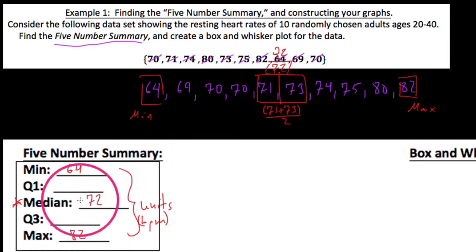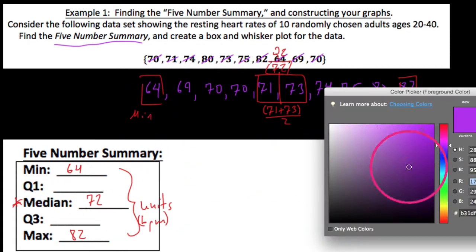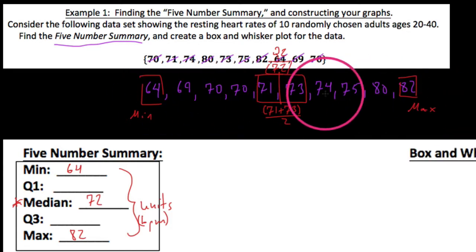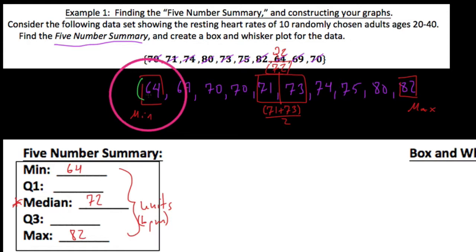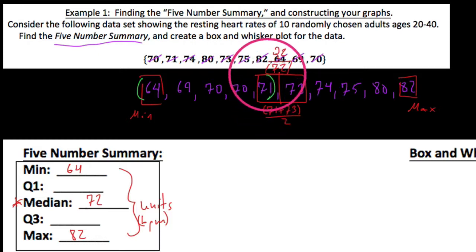Now in terms of finding Q1 and Q3, here's what we're going to do. I'm going to switch colors here to like a green. We're going to be looking at our first half of data and our second half of data, okay? And we're going to be splitting those in half. So here's the rule. I hope you're listening. We're going to put parentheses around the first half of our data, and the rule is this. You start to the left of our minimum datum, and you go to the right of the data value that falls within the first half of data.